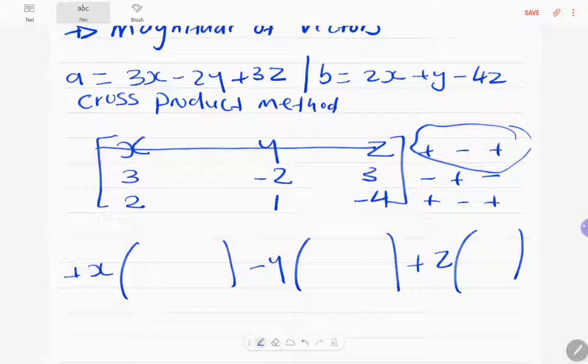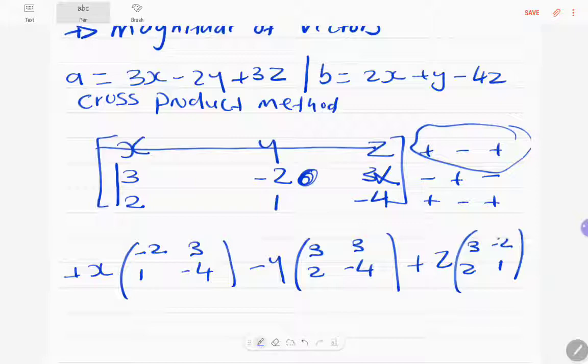Since I'm dealing with x, that means I will have to cancel this. I am left with minus 2, 1, 3, minus 4. I come to y. The top part is cancelled, so I'll be left with 3, 2, and 3, minus 4. I will come to z. Since I'm dealing with z, I cancel z. I'm left with 3, 2, minus 2, and 1.